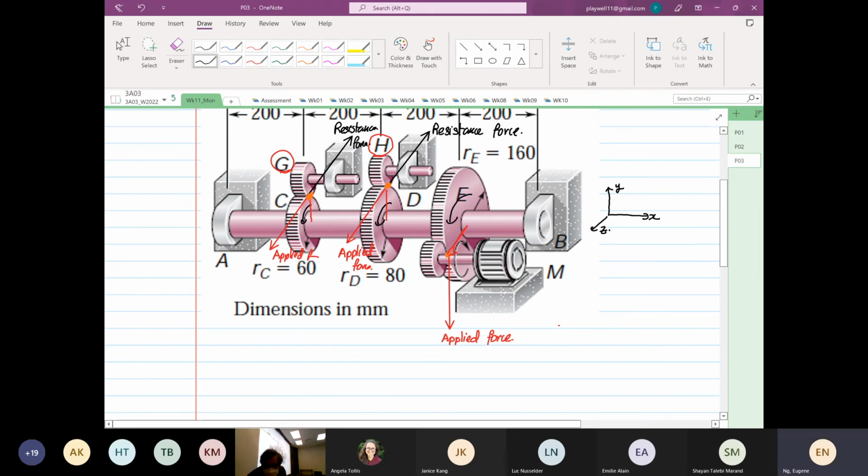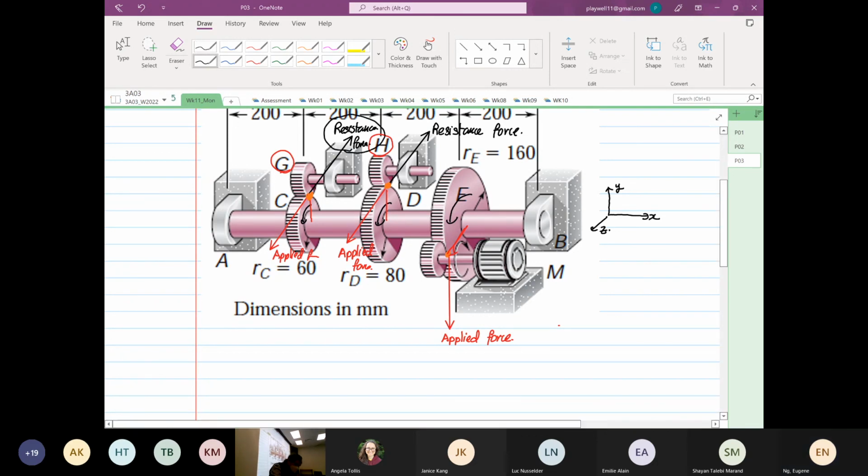Now I have a question. The applied forces at G and H align with the z-axis. Yes, they are aligned but opposite in direction. Those are the resistance forces.